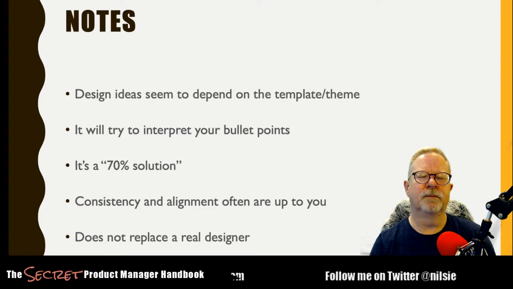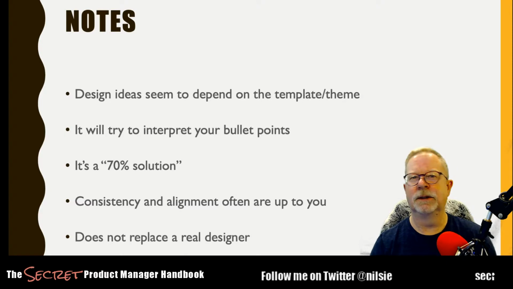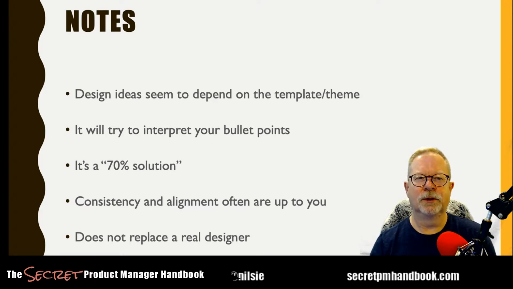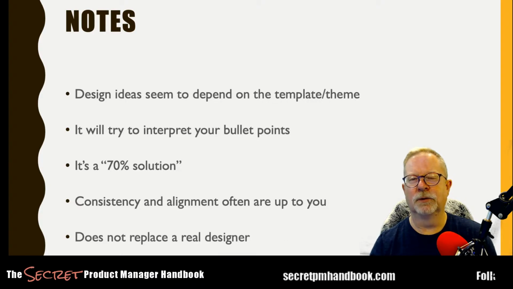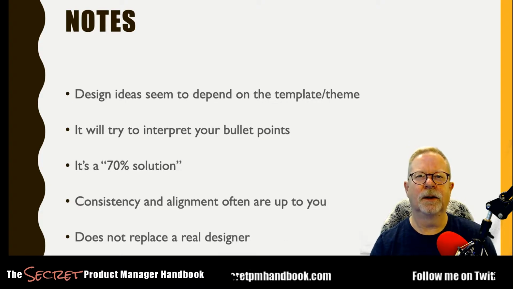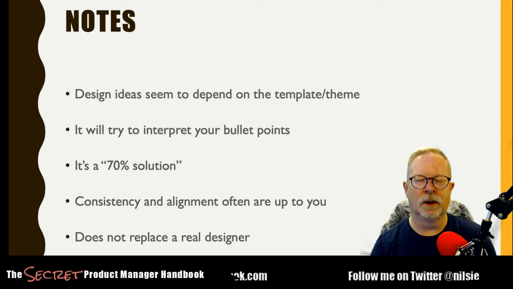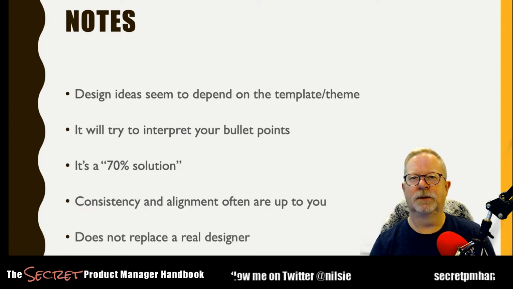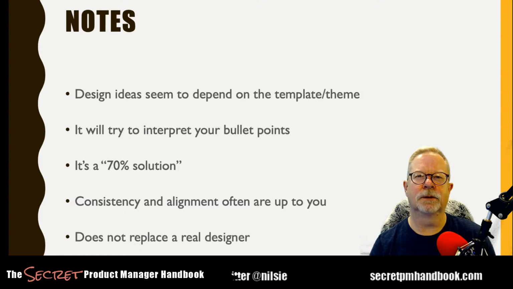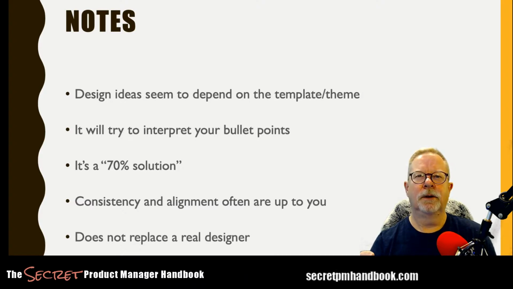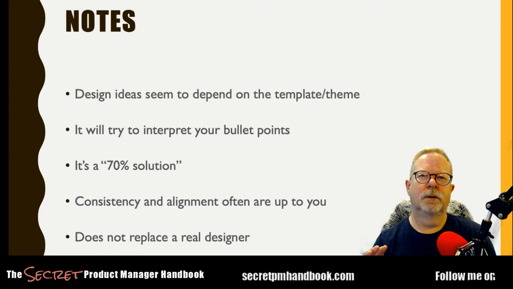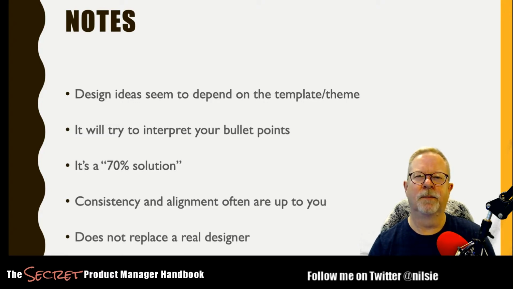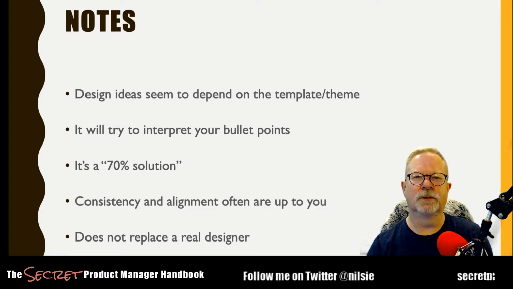Some of the basics of design, like consistency and alignment and repetition, those are up to you. It sometimes creates things that aren't very well aligned. It may also mean that as you look at how Designer treats your content on your slides, you may want to change the content so it can do a better job of coming up with a design. And of course, it doesn't replace a real designer.